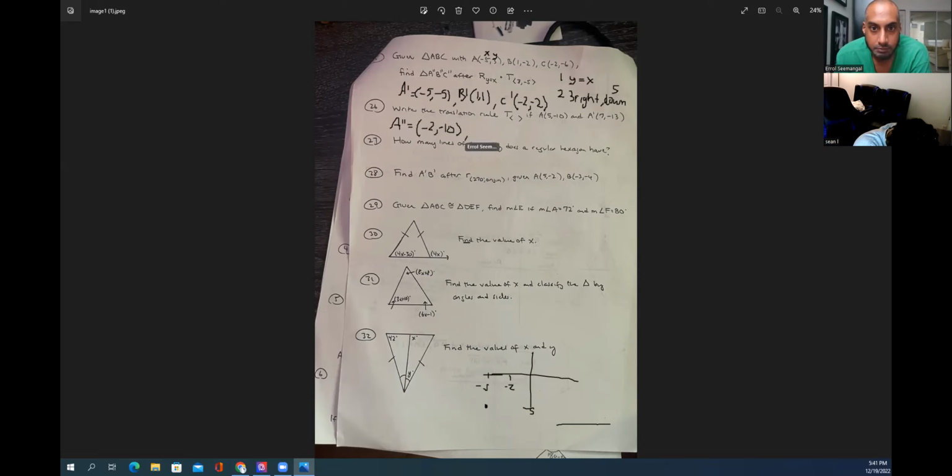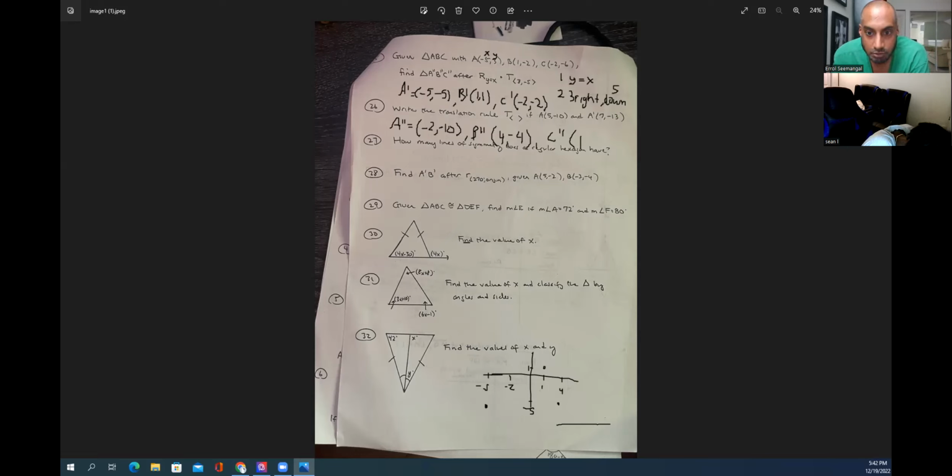What's B prime prime? We start at (1, 1), which is right here. 3 to the right would be 4, and then we go 5 down. So (4, -4) is B prime prime. And then the next one: 3 to the right would be 1, and 5 down would be -7.